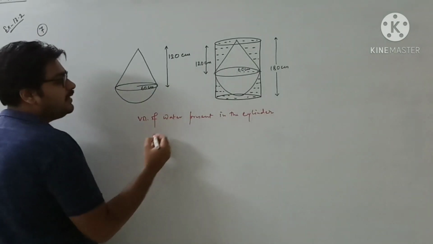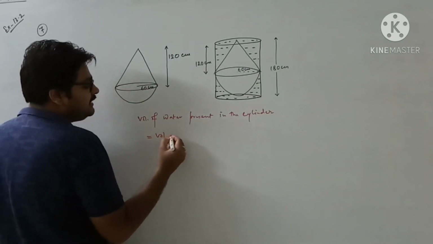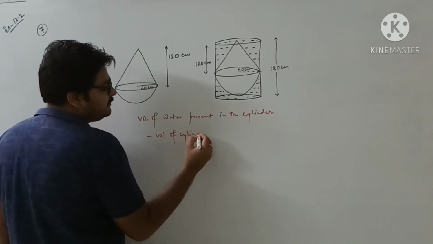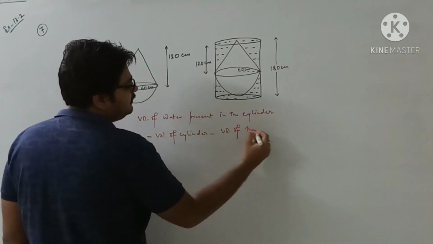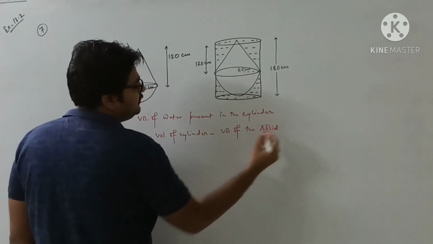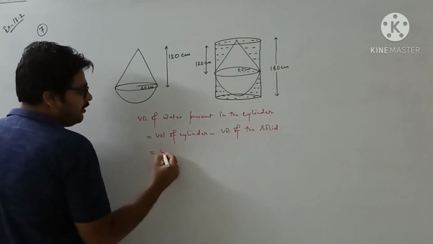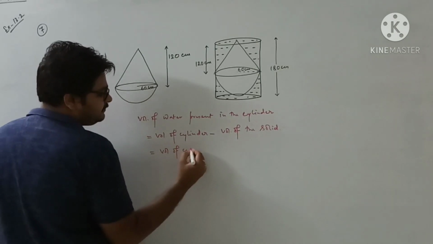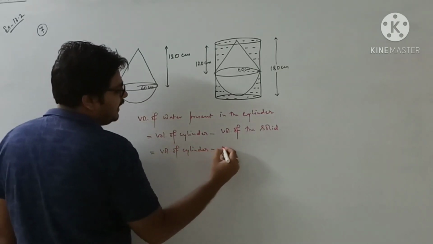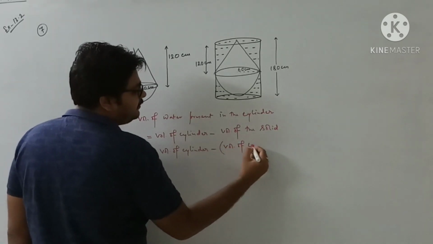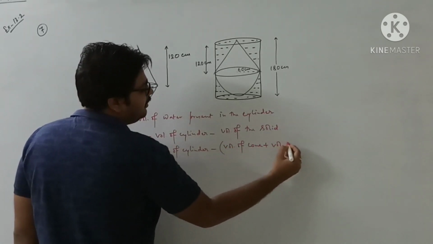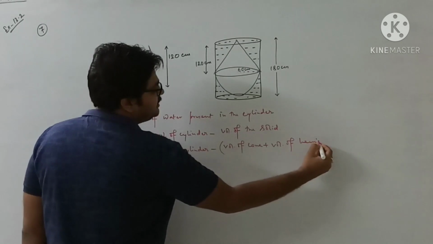Okay, so volume of water present in the cylinder is equal to volume of cylinder minus volume of the solid. That means volume of cylinder minus volume of solid, which means volume of cone plus volume of hemisphere.